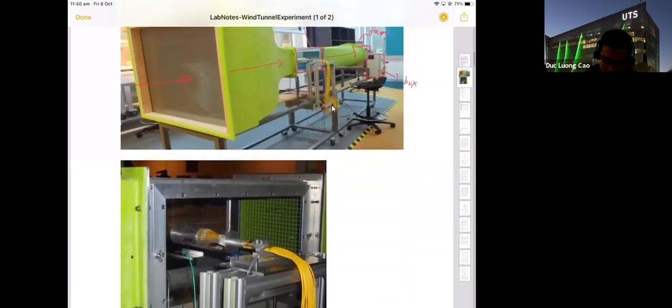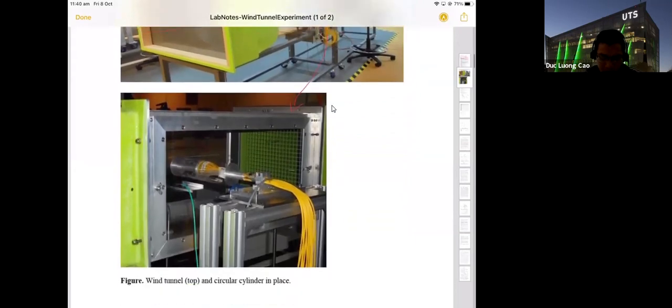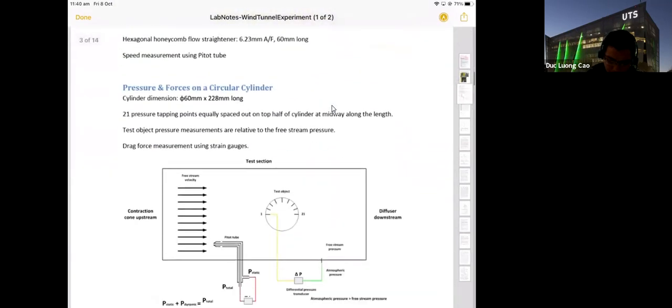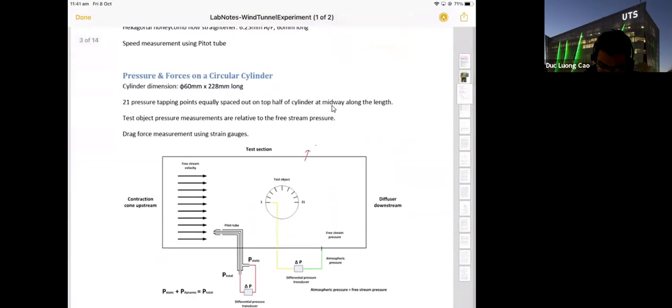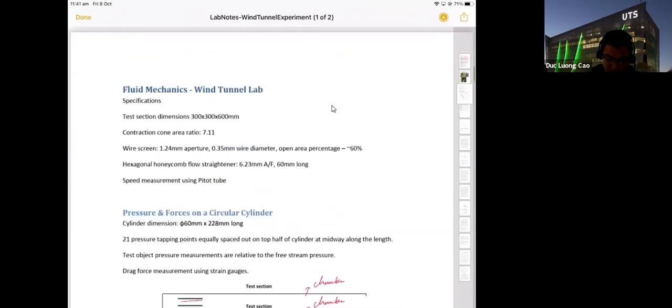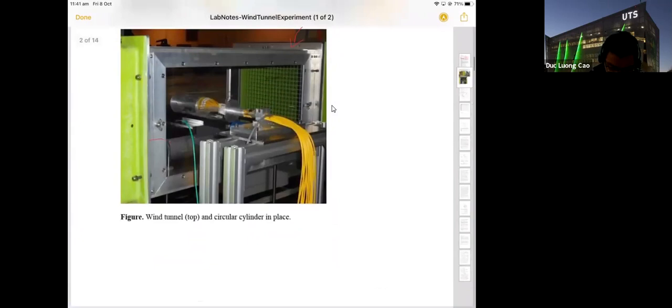Now, what's inside this chamber? Inside this chamber, we have airflow coming in, and firstly we have a pitot tube.